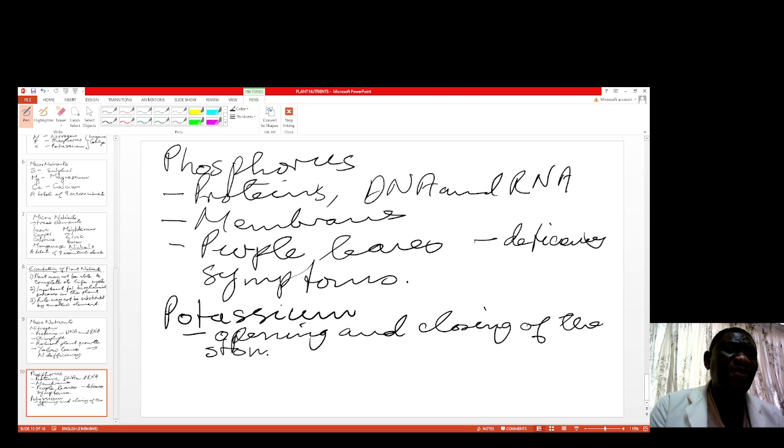So this is about water regulation. So its absence or its deficiency may cause the plant to lose a lot of water, leading to death. It's also associated with lodging.